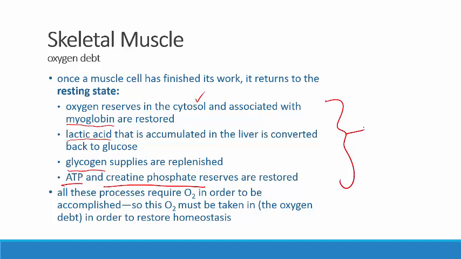And so in order to bring the cell back to its resting state, we have to get oxygen delivered to the cell or delivered to other parts of the body in order to restore that resting state, to restore homeostasis around all of the issues that occurred when we ran out of sufficient oxygen in the body to do everything by aerobic respiration.